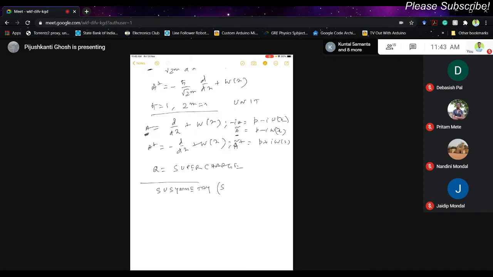This is basically known as the SUSY, supersymmetry algebra. It basically depends on Lorentz transformations and all these things in 3 space and 1 time dimensions.